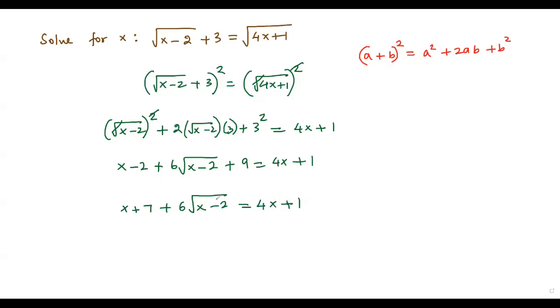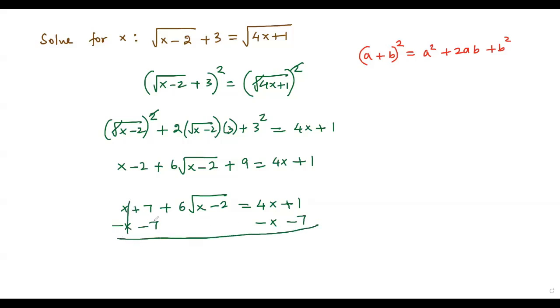Here we still have a square root. To get rid of it, we have to isolate this term, that is, solve this equation for the square root of x - 2. Only if I get rid of the square root completely will I be able to solve for x. So I'm going to subtract x from both sides and also subtract 7 from both sides.